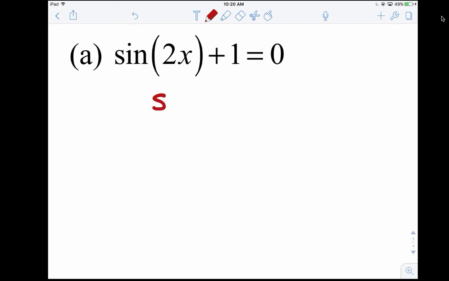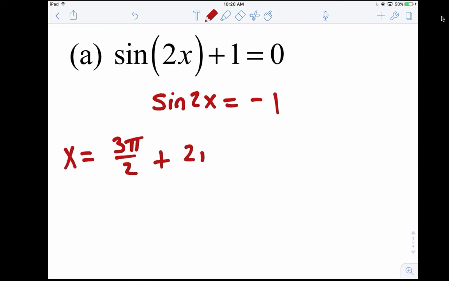So that's going to give me sine of 2x is equal to negative 1. You have to think, where does the sine function equal negative 1? That would be at 3 pi over 2 plus 2 pi n.